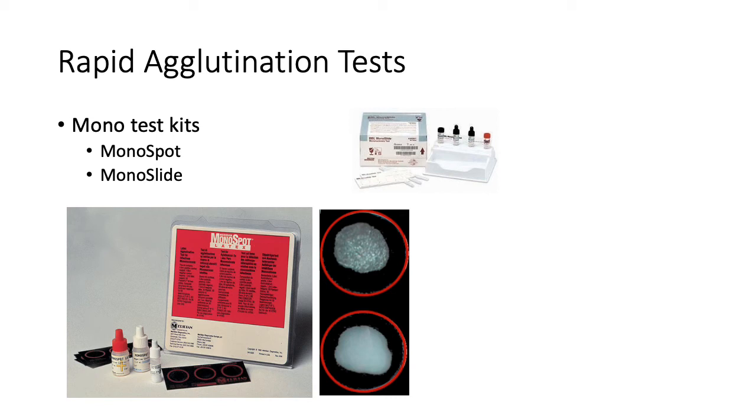For example, the heterophile antibodies detected by the monospot are often not present in children with infectious mononucleosis. At best, the monospot test may indicate that a person has a typical case of infectious mononucleosis, but does not confirm the presence of EBV infection.